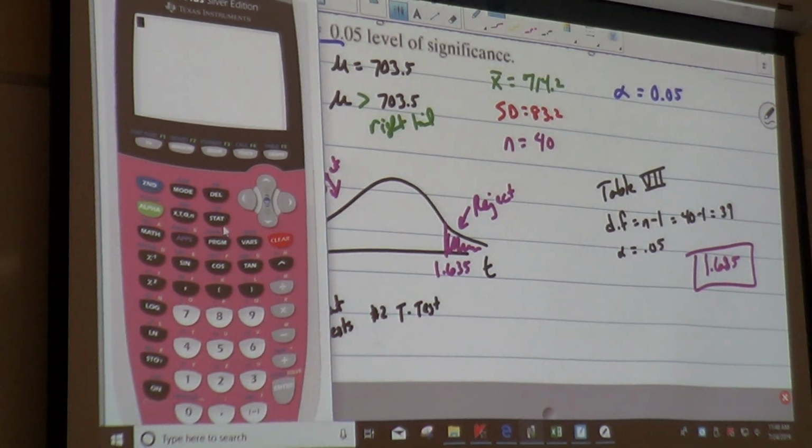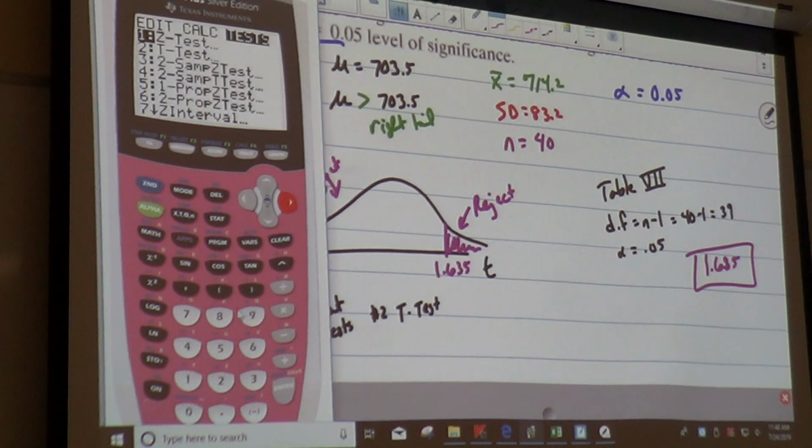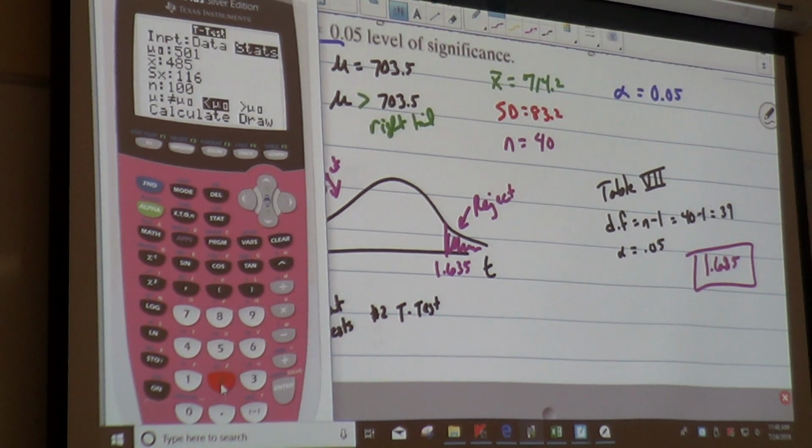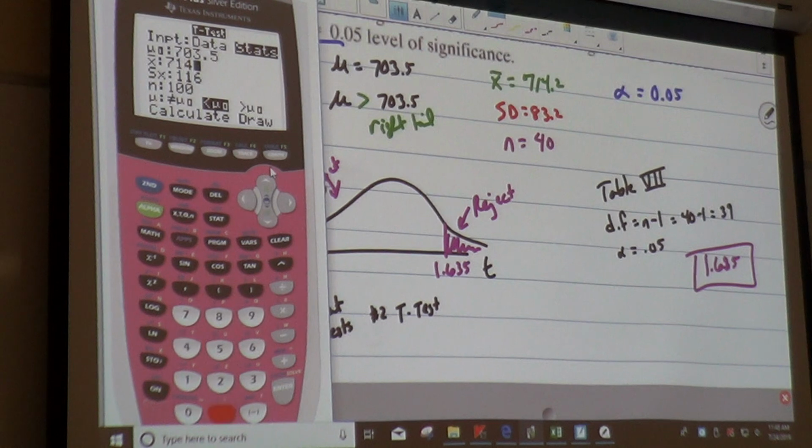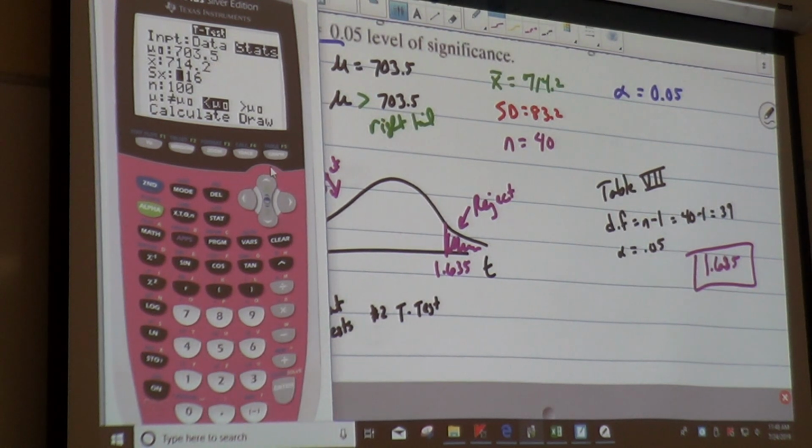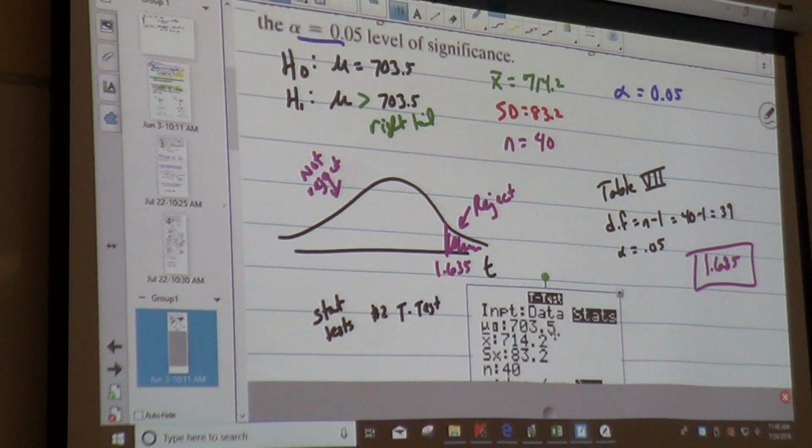Going to come down. That is 703.5, 714.2. Standard deviation of 83.2. My sample size is 40. This time I am doing greater than. So this is what I would be plugging into my calculator.